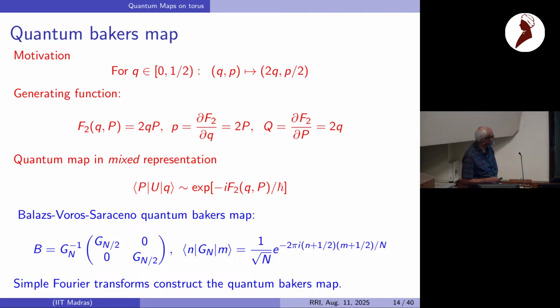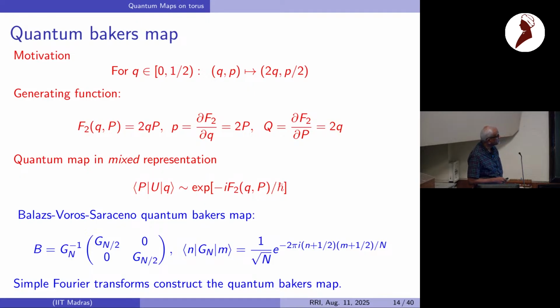If you take the derivative with respect to small q, you get 2P, and therefore the new momentum is the old momentum divided by 2, which is precisely what you want in this canonical transform. The other half, the new position, is the derivative with respect to the new momentum, and that is 2q, which is also exactly what you want. So this simple generating function works.